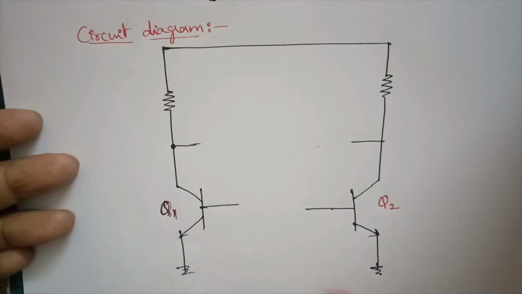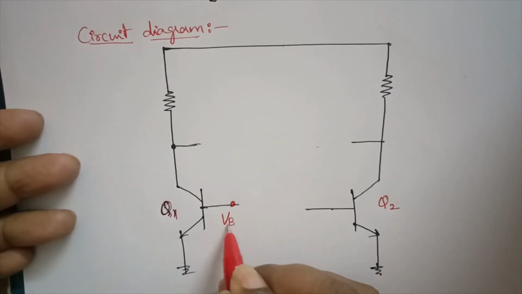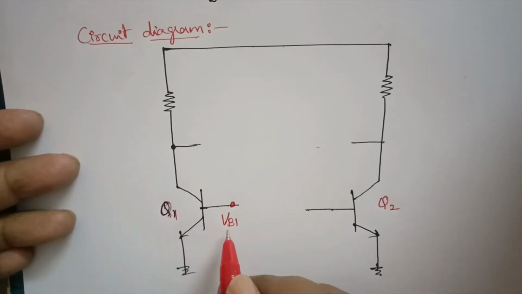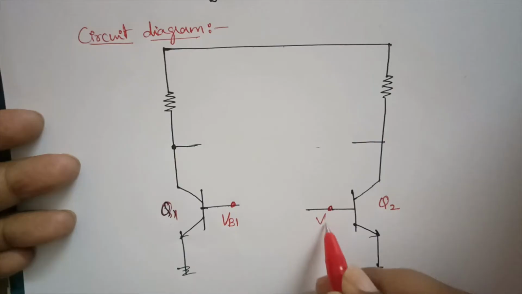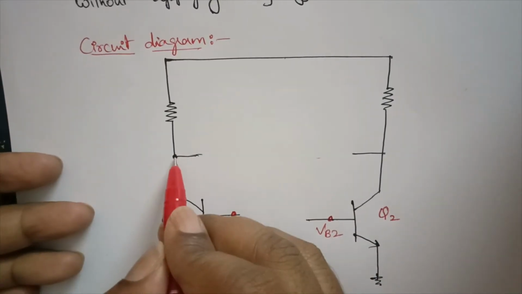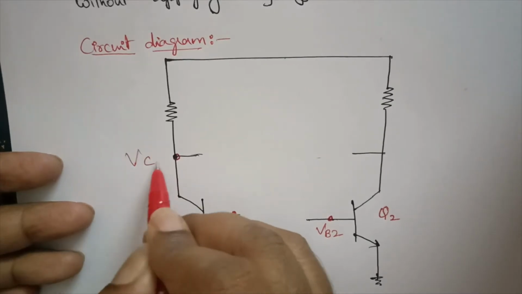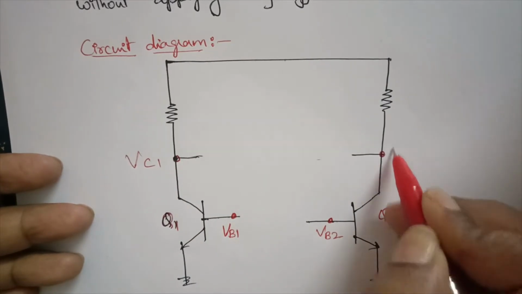That's why the emitter terminal is grounded, and we apply input to the base terminals. The Q1 base voltage is VB1 and the input of Q2 is VB2. The outputs are taken at the collector terminals: VC1 for Q1 and VC2 for Q2.